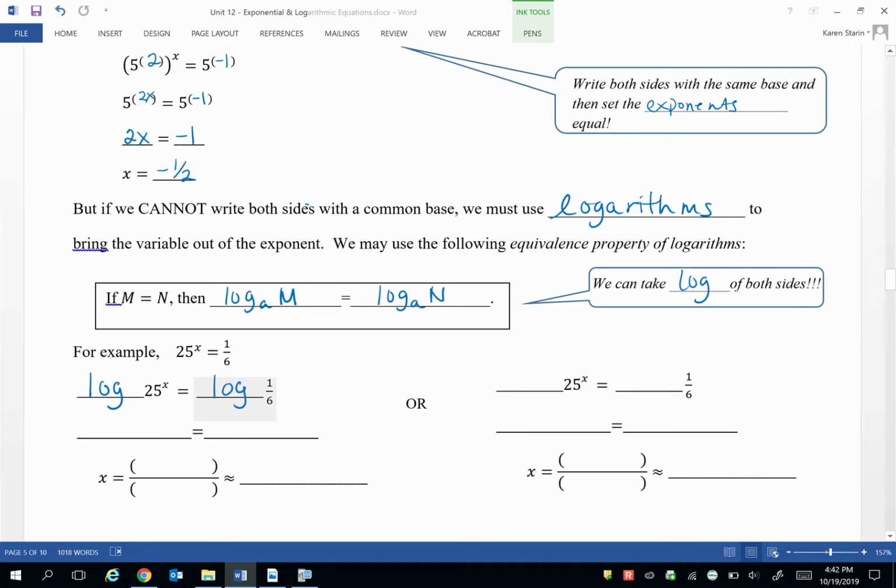I'm going to do the same thing to both sides of the equation to preserve equality. Now I can do what we've done in previous videos. I can take this power and bring it down as a factor in front. So I have x times log of 25 equals log of 1/6.